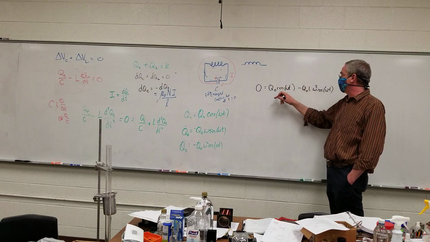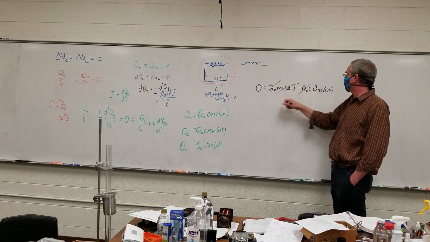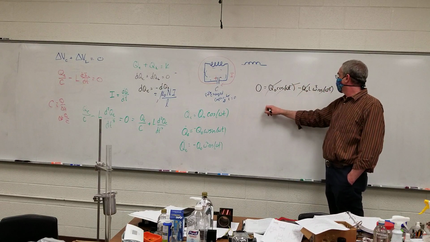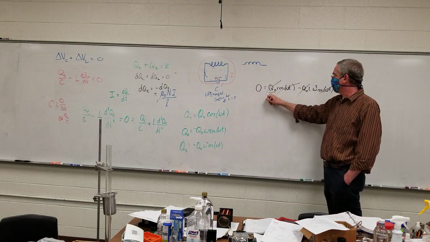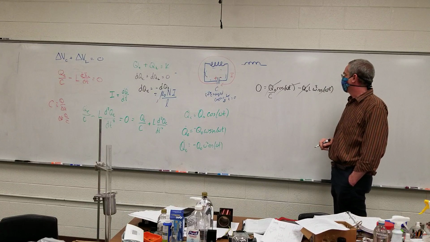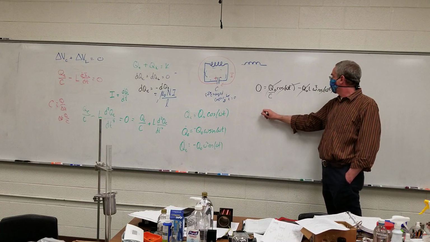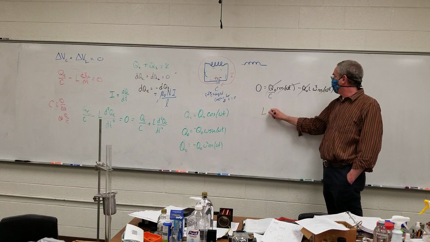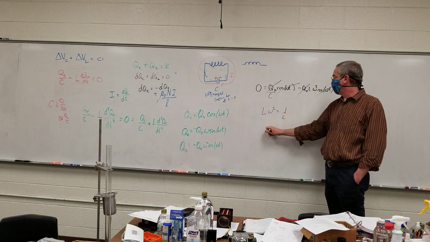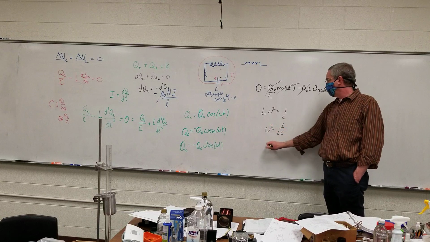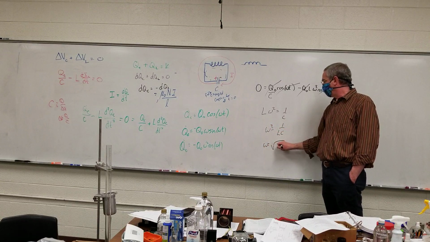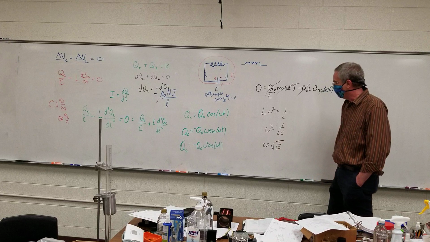Bringing one over to the other side and getting rid of stuff, so the Q naughts go away, the cosine goes away. Oh, I lost something. That's over C. So I have L omega squared is equal to 1 over C. Omega squared is equal to 1 over LC. So omega is the square root of 1 over LC.